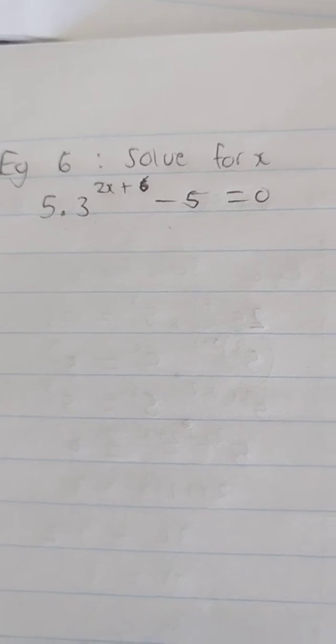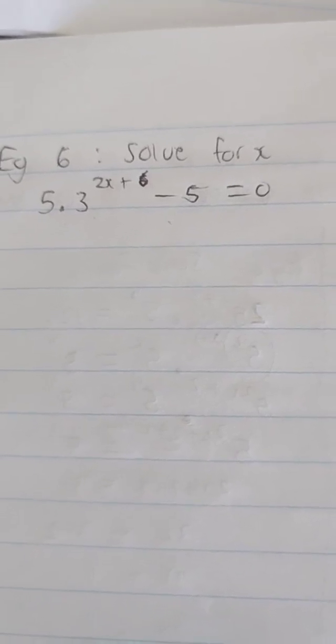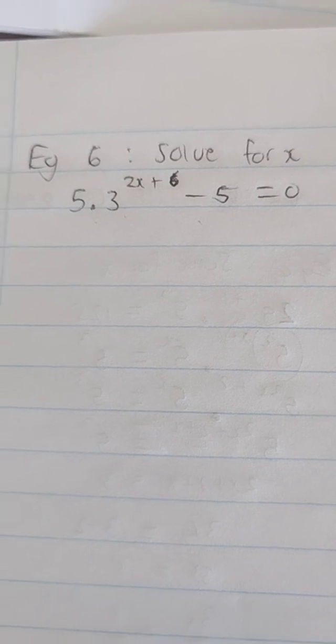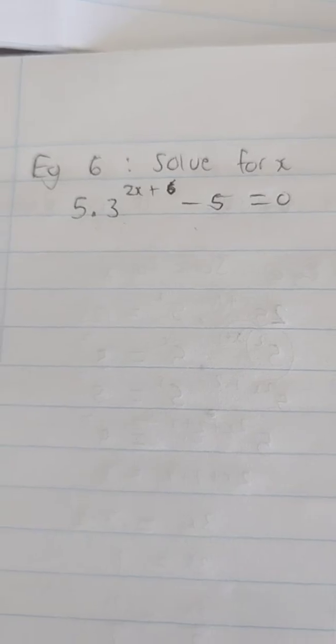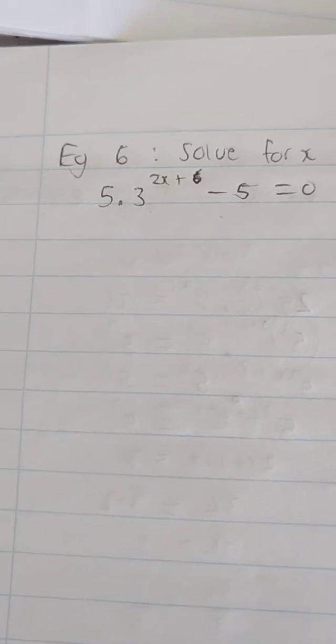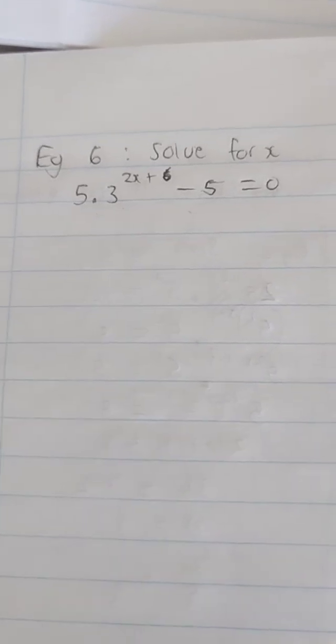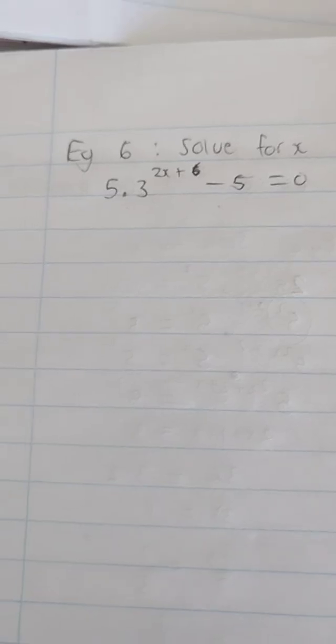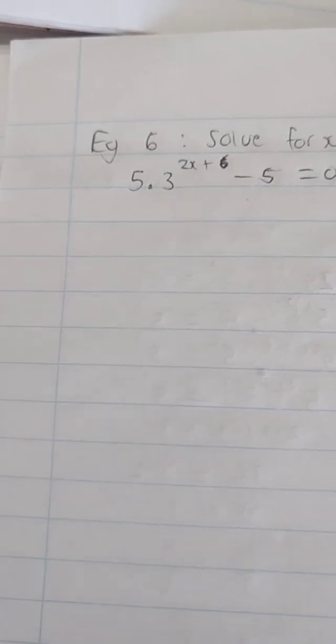5 times 3 to the power 2x plus 6 minus 5 is equal to 0. Let's solve for x. Let's take it down. Okay, I see various answers in the comment section. Let's be very careful when we do our calculations, guys, to ensure that we do not deviate and find ourselves in thick water.